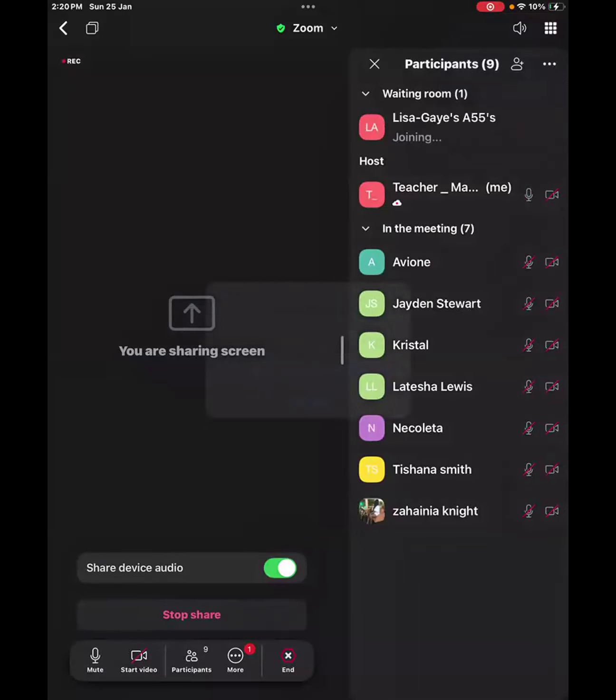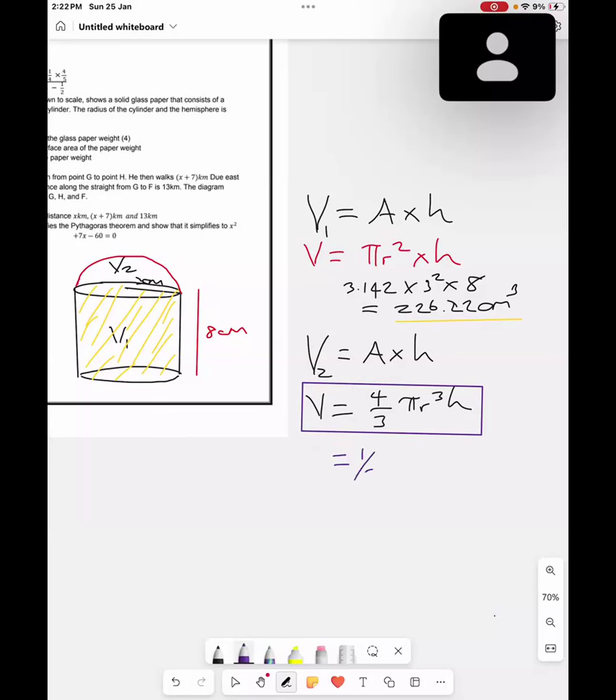Now, a hemisphere is a half of a sphere. So if I say a half multiplied by 4/3 pi r cube, I can use the 2 to cancel itself, and the 2 into the 4 goes 2 times. So I've derived a new formula for a hemisphere.